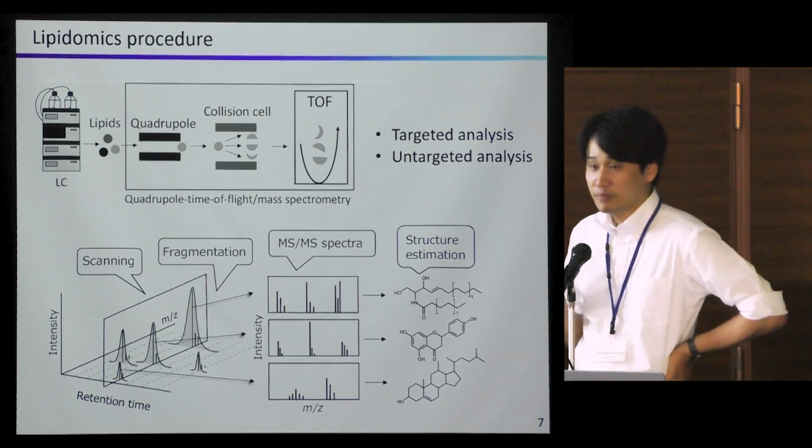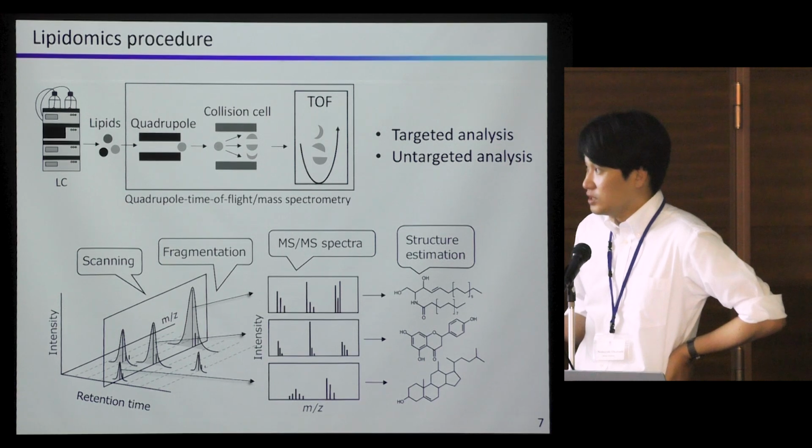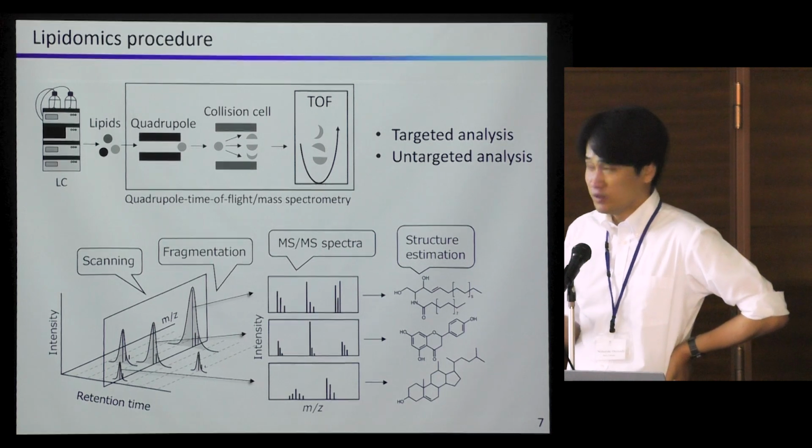This is called an MS/MS spectrum. This spectrum shows the molecular structures. Then we need to annotate and interpret this data, and then we can estimate the structure if we are lucky. Actually, this process is very difficult and time-consuming.